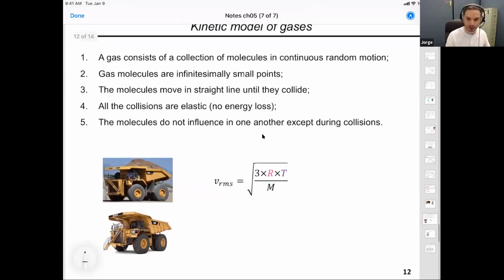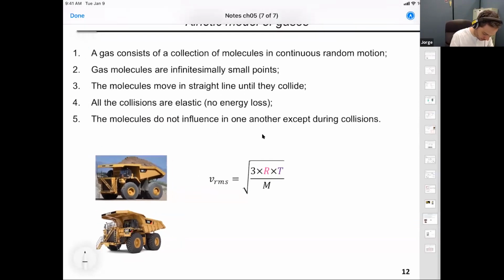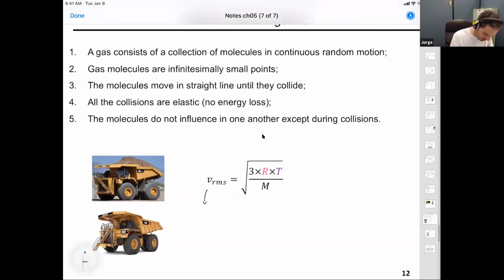So let's just note all the parameters in the equation here. Okay, so VRMS is the average speed of the gas molecules.